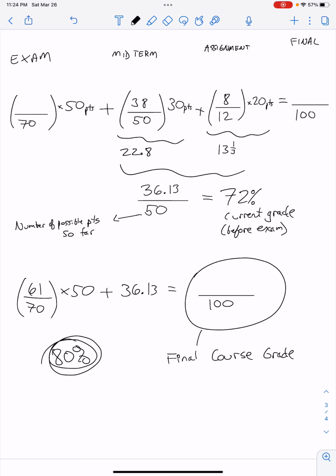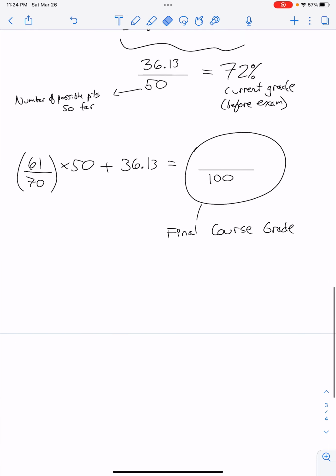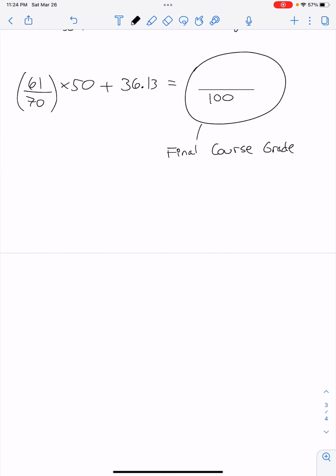And of course you can work this backwards and say, well, what do I need to score, whatever it is you're trying to get, and then go backwards from there. So let's say you want 85%. 80% wasn't quite good enough for you.